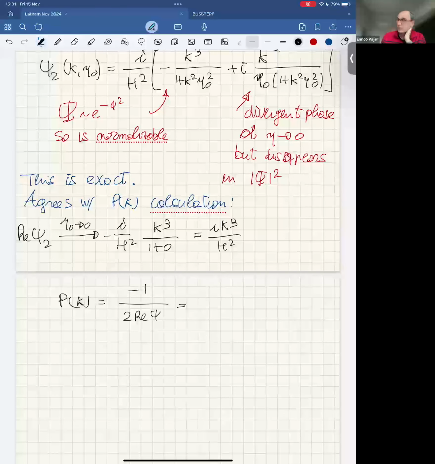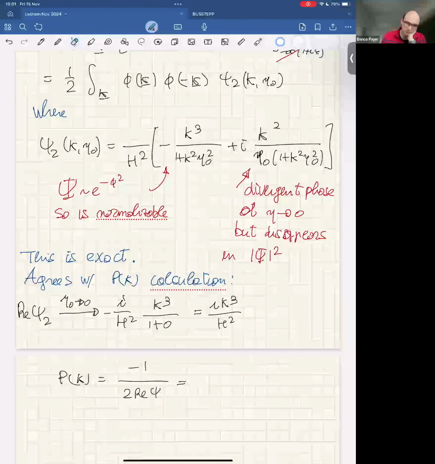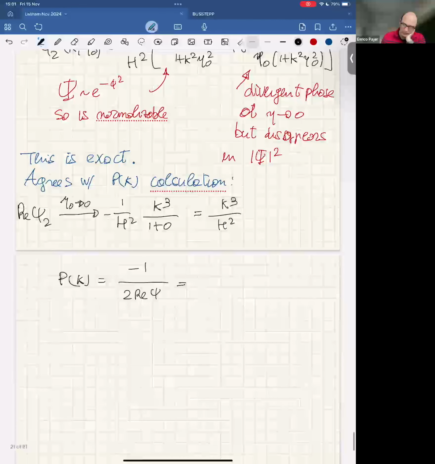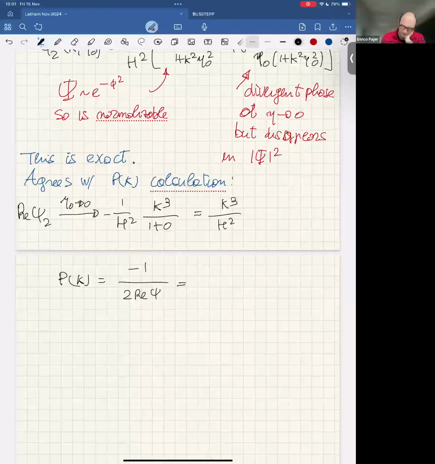Sorry, this is not an i, this is a 1. And if I take the inverse of this, it is 2k cubed divided by h squared, which is exactly what I had computed the last time.